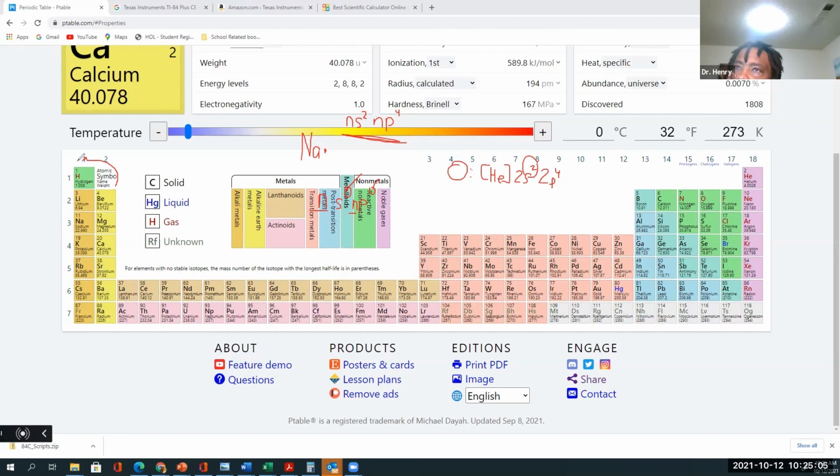Which group would that be? Groups 13 and 14. Or remember, 14. 14, that's right. So it'll be 14. That's right. If we said ns2 np1, that'll be group 13, right?